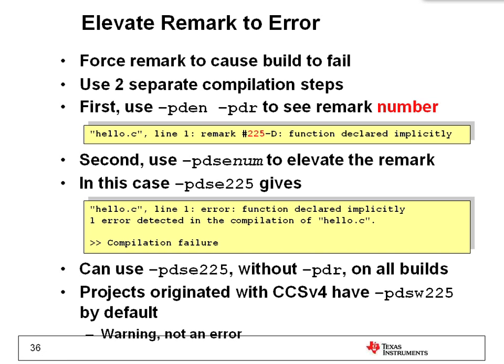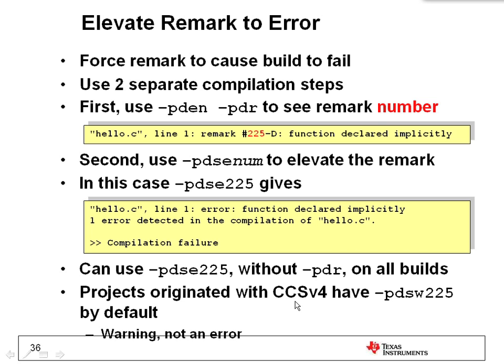On the second compile, you use -pdse, then you put the number in to elevate the remark from just remark handling to error handling. If you build that one-line hello world example with -pdse 225, you get this right here, the build will fail. Now, you can use -pdse 225 without -pdr in all your builds.